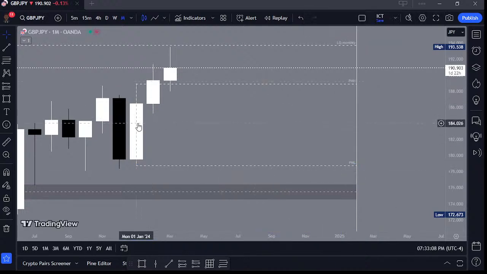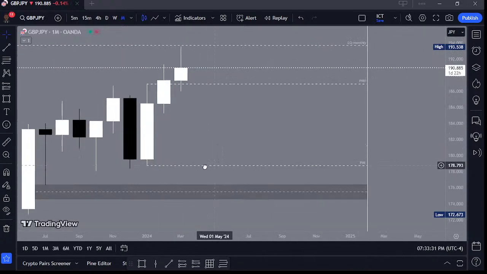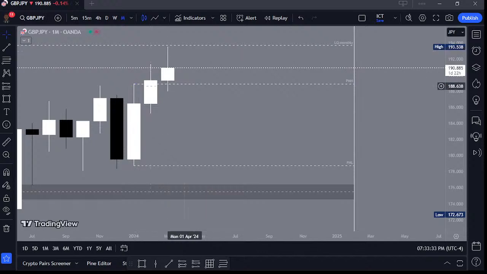As you can see, January high was taken out by February, and February managed to close above that, which makes us anticipate the next month, which is March, to be bullish and to close above this month, February. So the anticipation is to close above that.